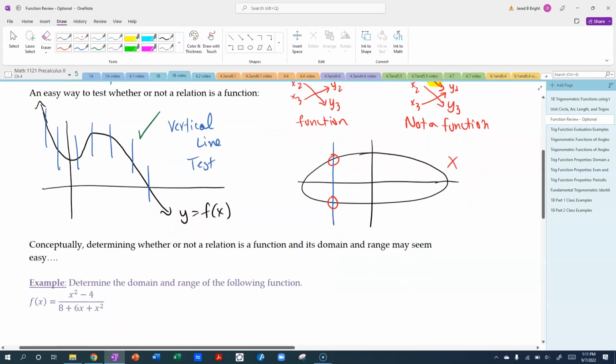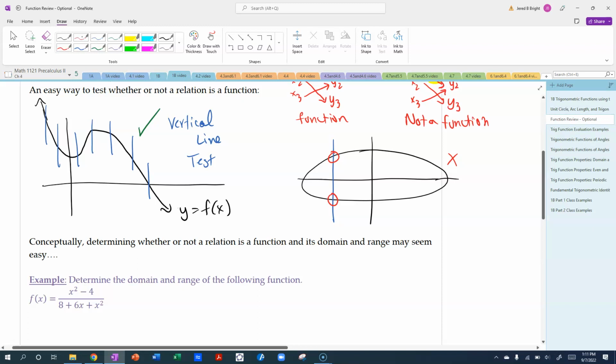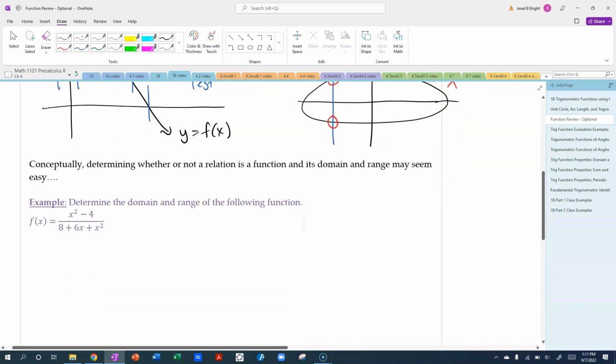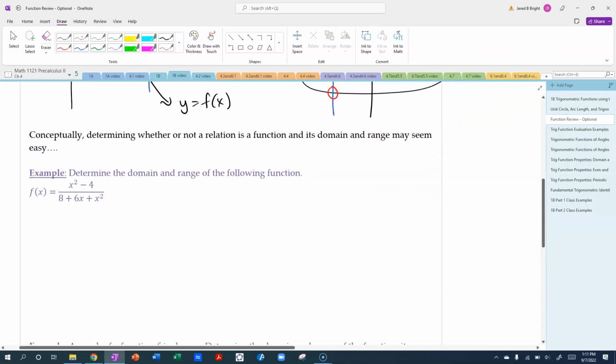Conceptually, it might seem easy if we can get to a picture. Now, determining it without a picture could be a little bit more of a challenge. So here's a brief example of how we might go about this from an algebraic perspective. We have a function given like this, and we get to do one of my favorite F words in math: factor. Yep, factoring is fun.